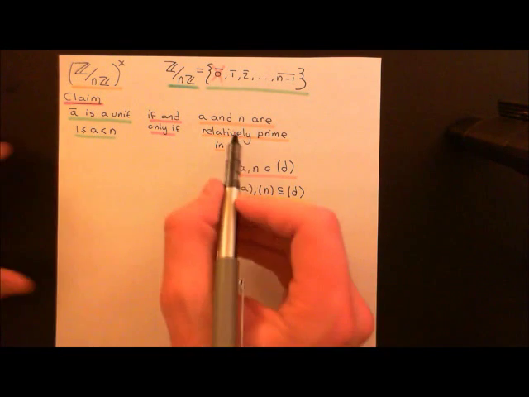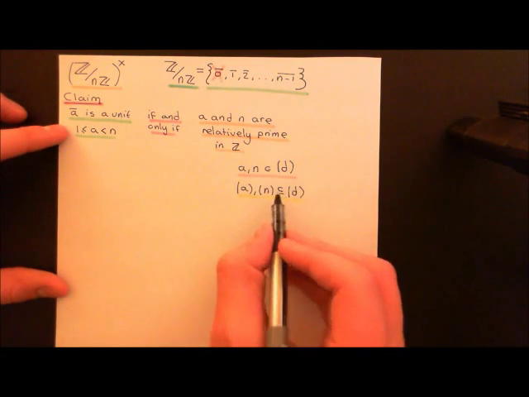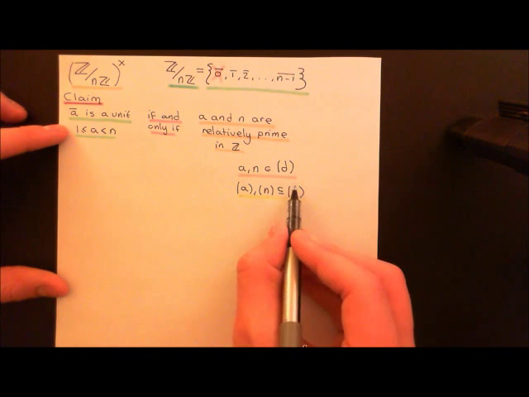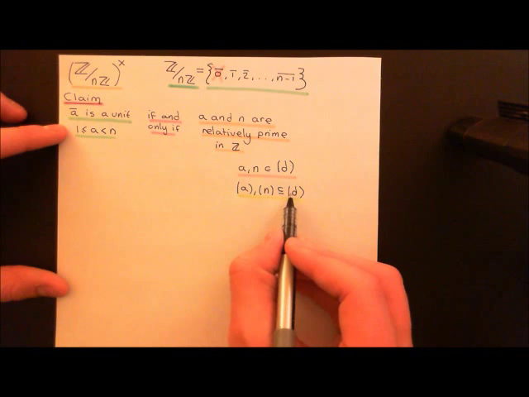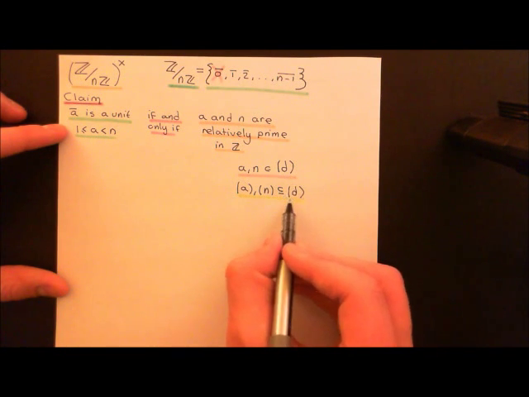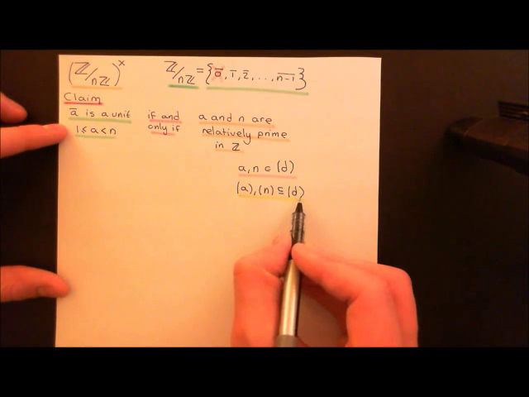To say that they are relatively prime, or rather, if they're not relatively prime, then it would be the case that you could find some common divisor that was not a unit, okay, some element which generated a principal ideal which was not the unit ideal.